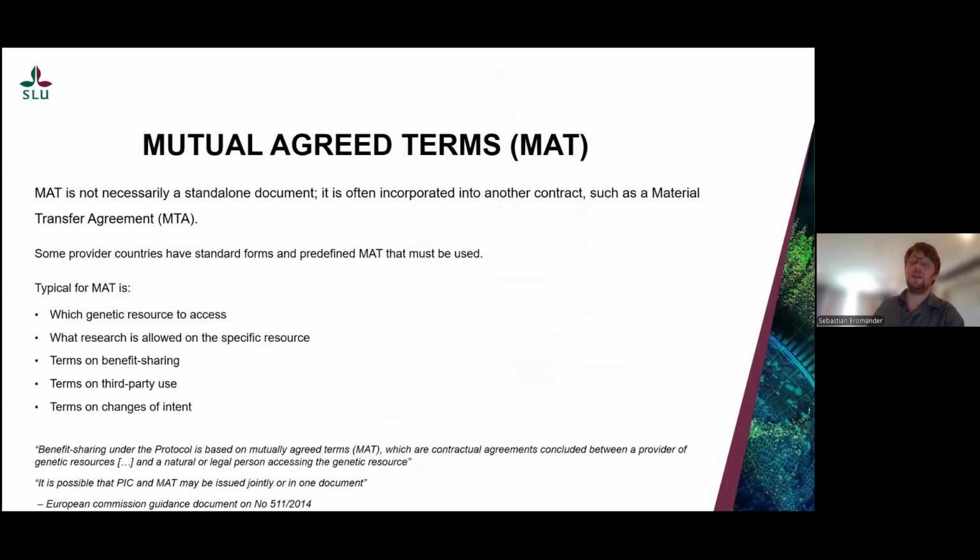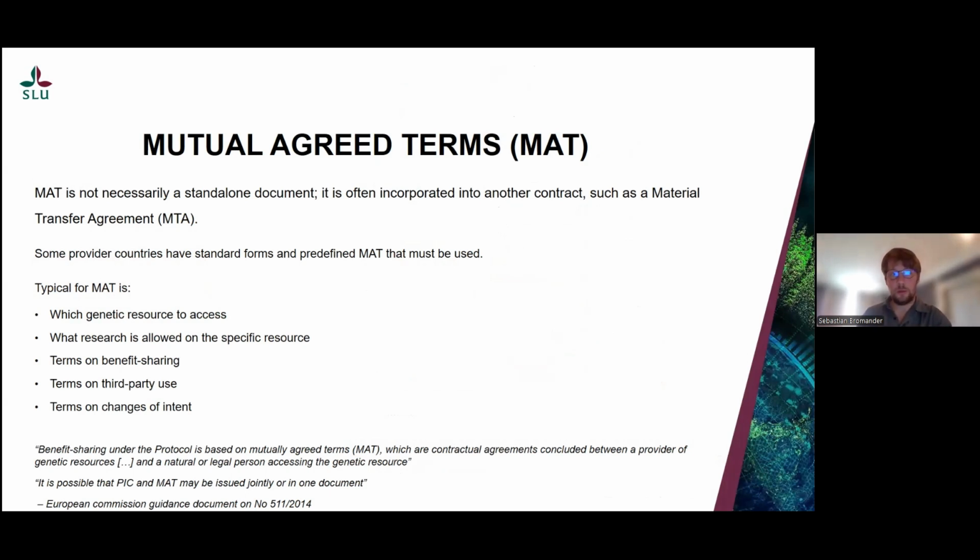This doesn't differ that much from an ordinary contract, or an ordinary material transfer agreement. There is something that is specific, and that is the one I list here as number 3, terms on benefit sharing, because benefit sharing, as you know by now, is the main principle of the whole system.